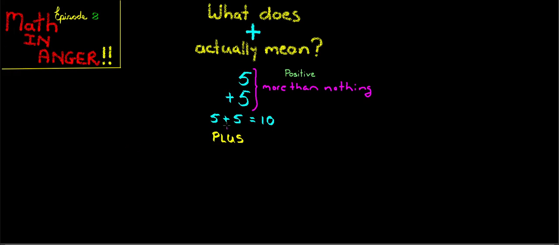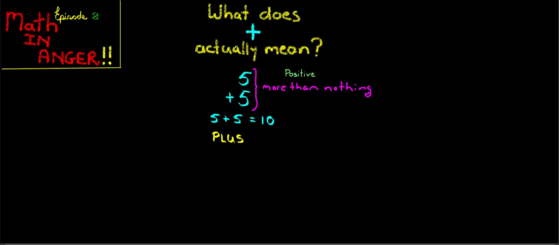So, what does it mean when you see it like that? We typically read that and we say 5 plus 5 is 10. But have you ever gone and looked at what the word plus actually means?